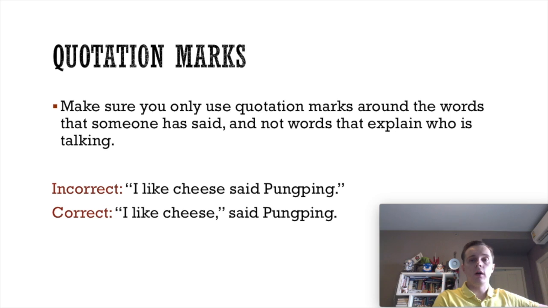Now, when you are using quotation marks, it's important that you only put the quotation marks around the exact words that someone is saying. You don't put them around the words that say who is speaking. So it's wrong to put "I like cheese said Peng Ping" inside quotation marks, but "I like cheese," said Peng Ping, is correct.